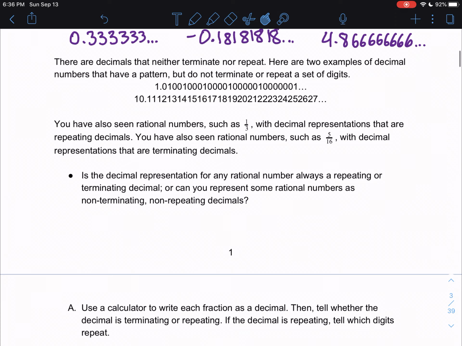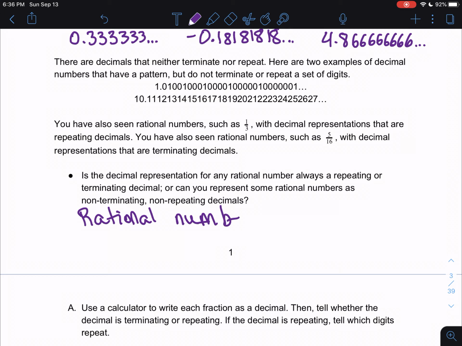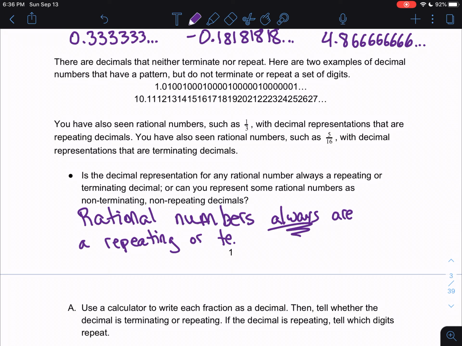So that means that rational numbers always, underline always, are a repeating or terminating decimal. Always, there's no other options available.